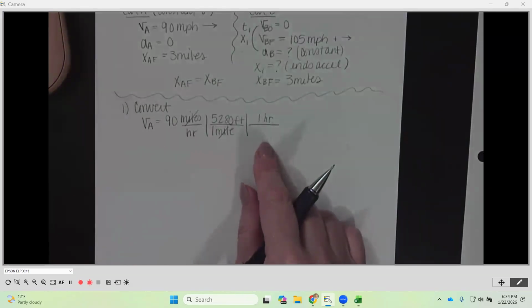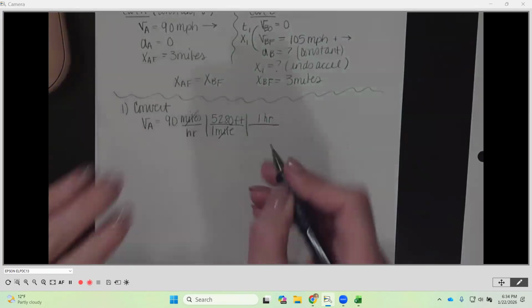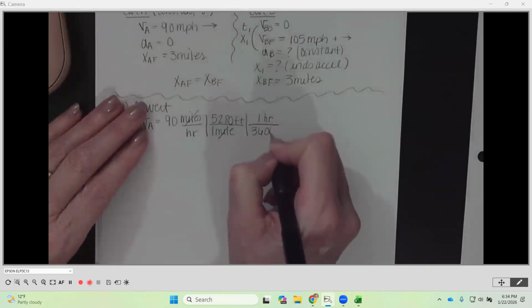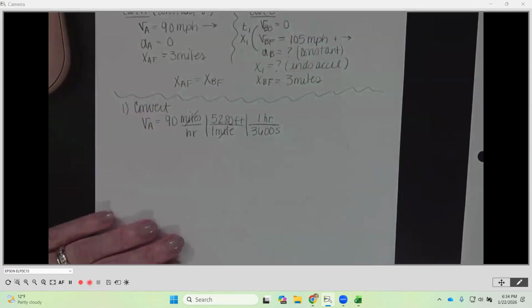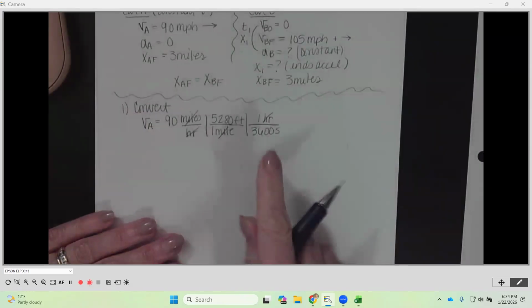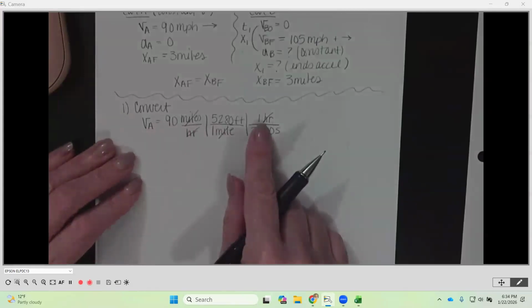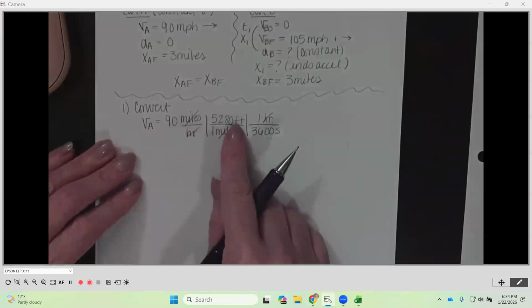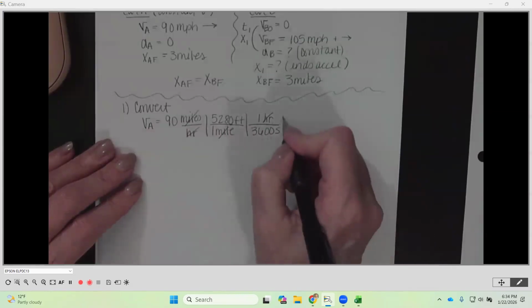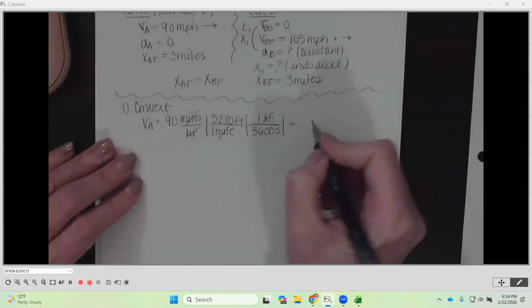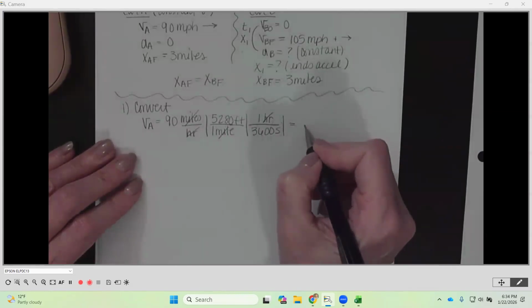How many seconds are in an hour? Anybody know offhand? 3,600. That's correct, 3,600 seconds in 1 hour. So now, top to bottom, hours canceled, and we have this in feet per second. You're going to multiply across the top, 90 times 5,280, and divide by 3,600. And what do we get for our velocity of A?